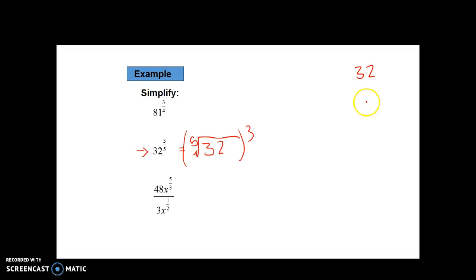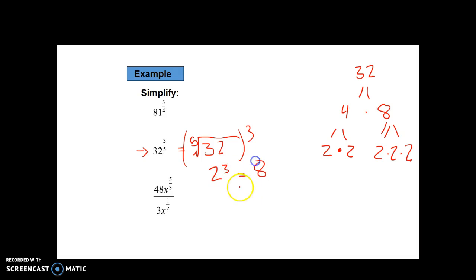So 32, let's go 4 and 8. 4 breaks down into 2 times 2, and 8 breaks down into 2 times 2 times 2. So again, we have 5 2s all multiplied together. So the answer in here is going to be 2, and then we're just going to cube it. 2 cubed equals 8, and that's our answer for the second one.